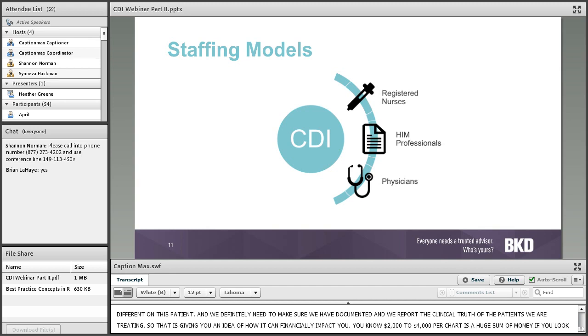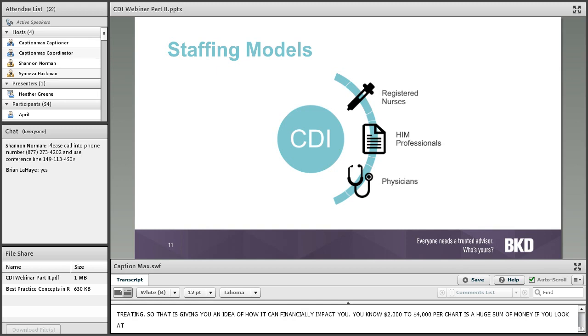So that's giving you an idea of how it can financially impact you. You know, $2,000 to $4,000 per chart is a huge sum of money if you look at every chart in your patient population. So you definitely want to be taking a look at this at the chart level to ensure that the documentation is there.